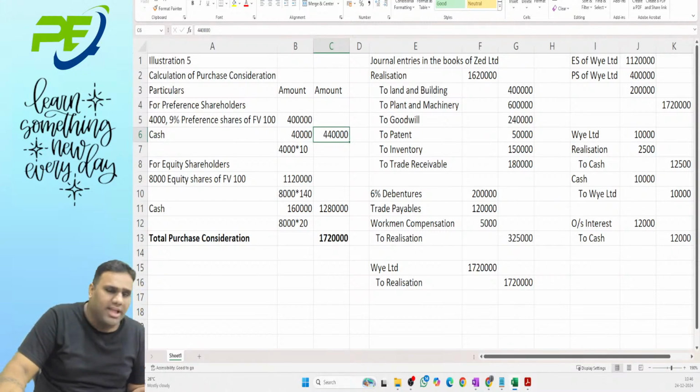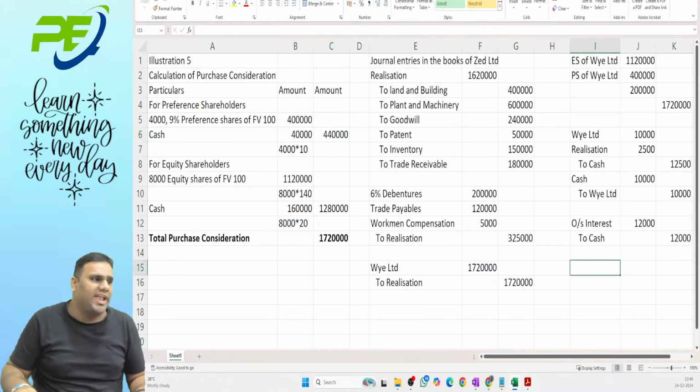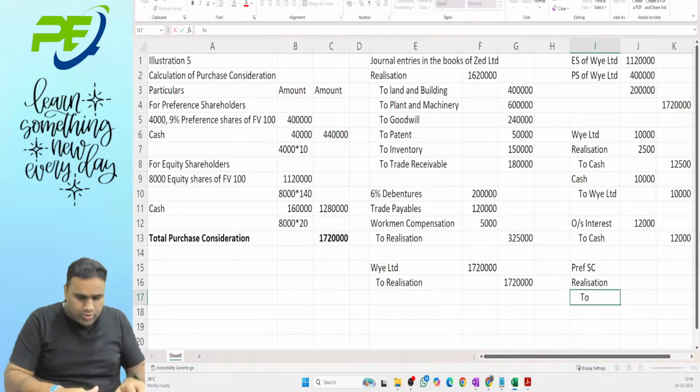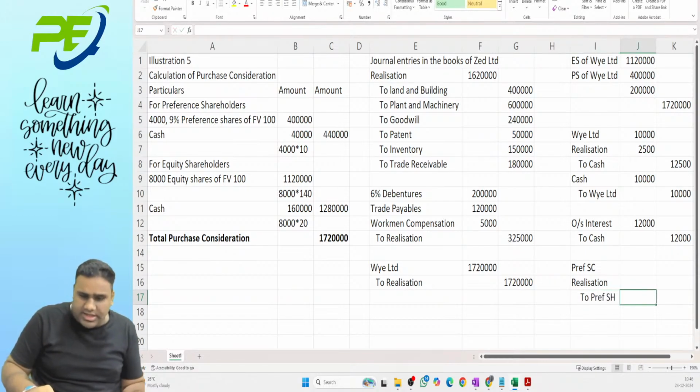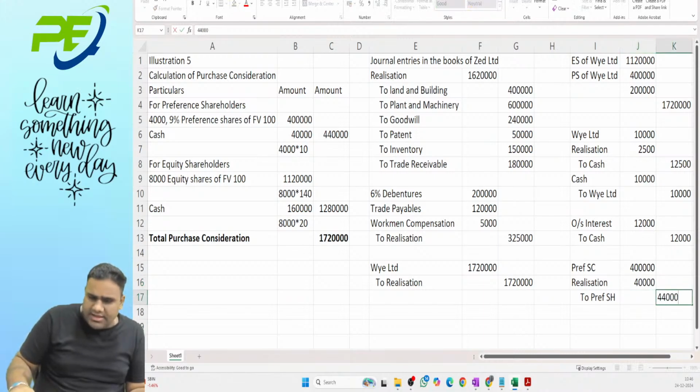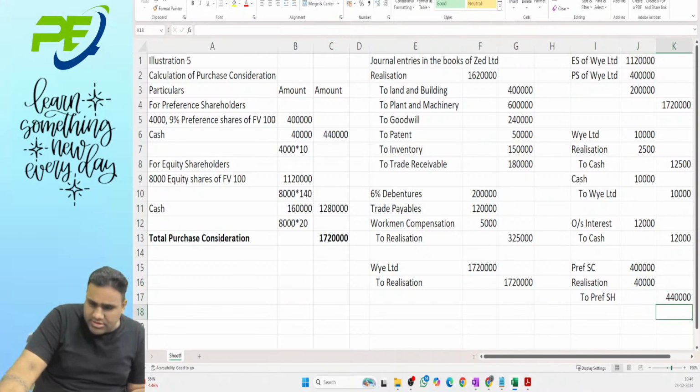So for this 40,000, compulsorily you have to transfer this to realization. So preference share capital, realization account to preference shareholder. Amount 4 lakh 40,000.